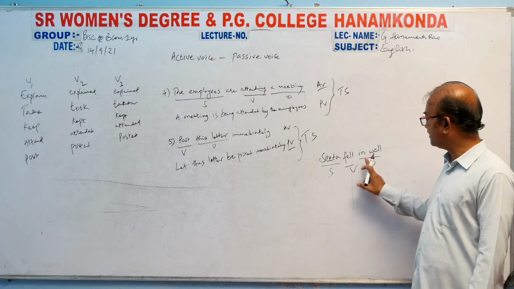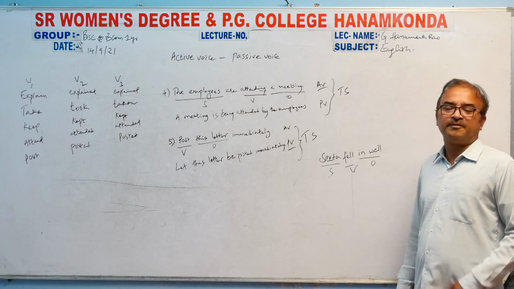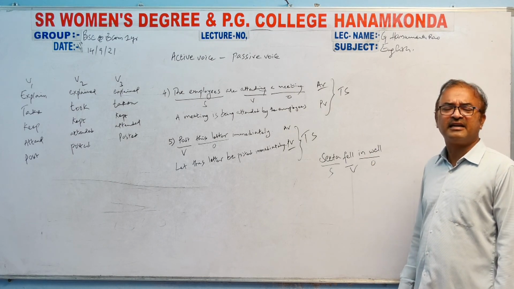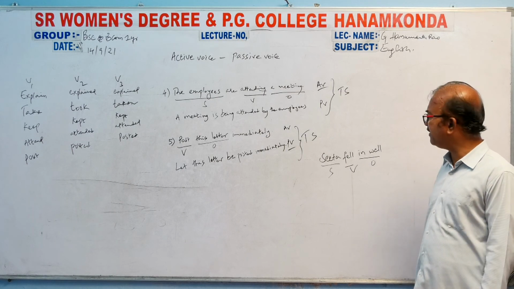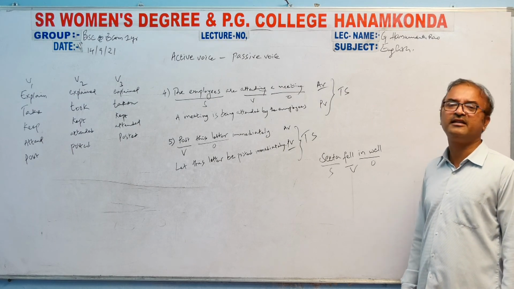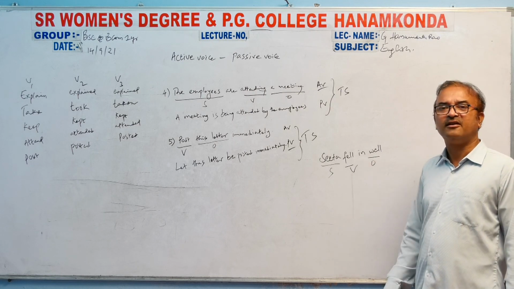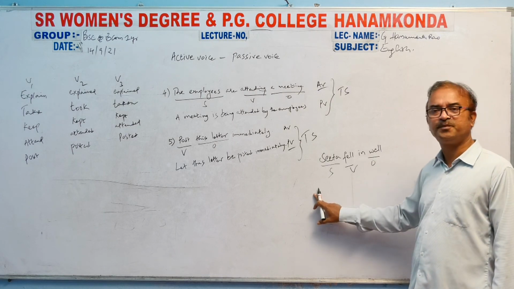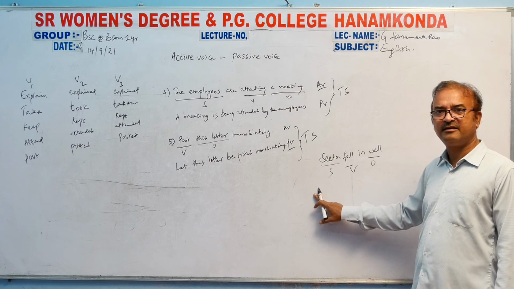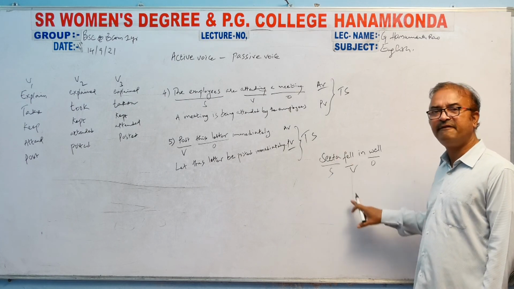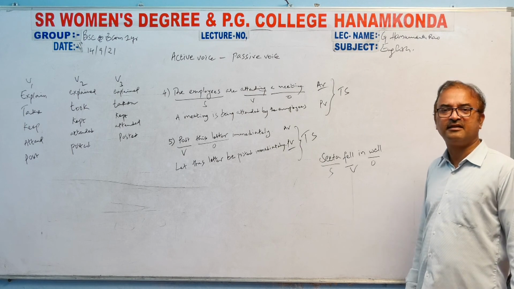We don't get any right way of constructing the sentence here. In well fell Sita. No, we don't get these things. Actually, in cannot be the object here, only well. Well, in Sita fell. What kind of answer is this?